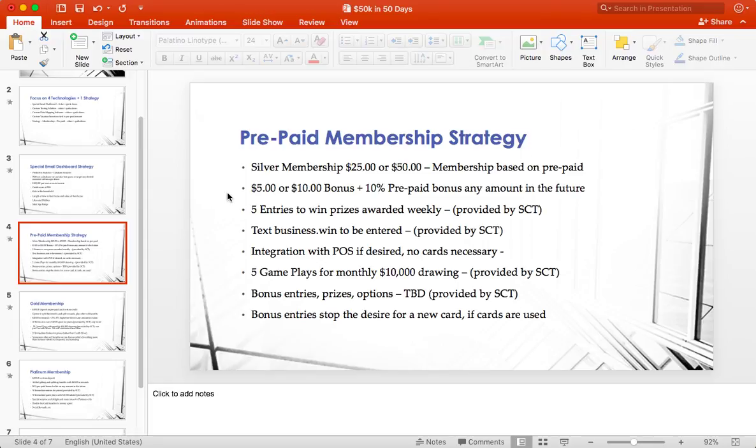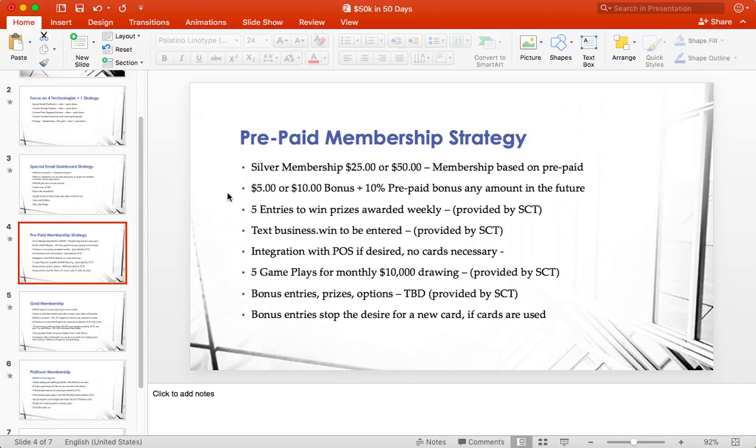And then we're going to have 2 memberships on top of that, which are going to be gold and platinum. So don't get carried away about the name, but the lowest level, we'll illustrate with silver here, is when somebody puts $25 or $50 on a gift card. That's how they become a member.